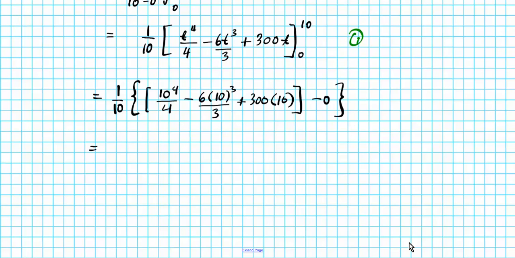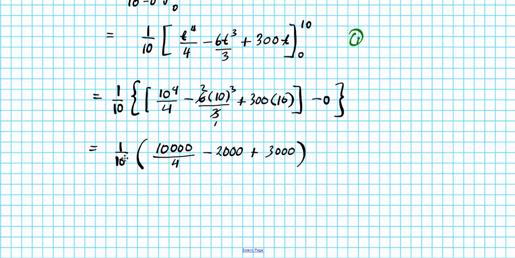So we have, let's see, 1/10 times, now 10 to the 4th, it's just simply 10,000. 4 zeros over 4 minus 3 goes here, 1, 3 goes here, 2. And then 10 to the 3rd is 1,000 times 2, which is 2,000. Plus 300 times 10 is 3,000.